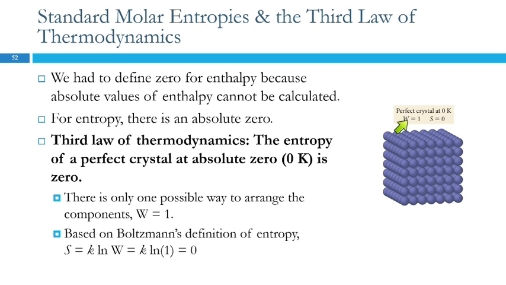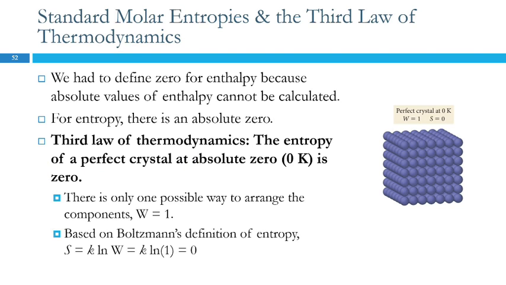And that would be when you have a perfect crystal, no defects in it, no contaminations, at 0 degrees Kelvin. So at 0 Kelvin, at absolute 0, the motion of the molecules stops, right? So that's the third law of thermodynamics. The entropy of a perfect crystal at absolute 0 is 0.